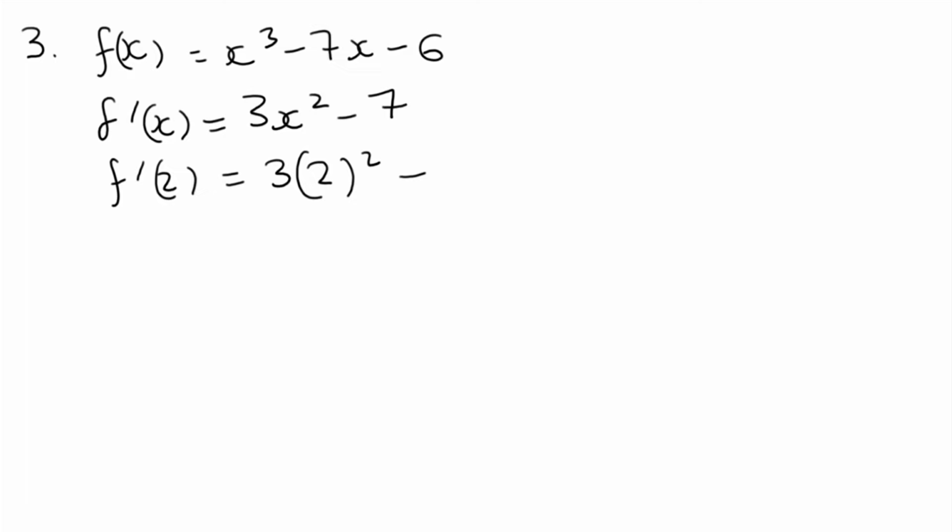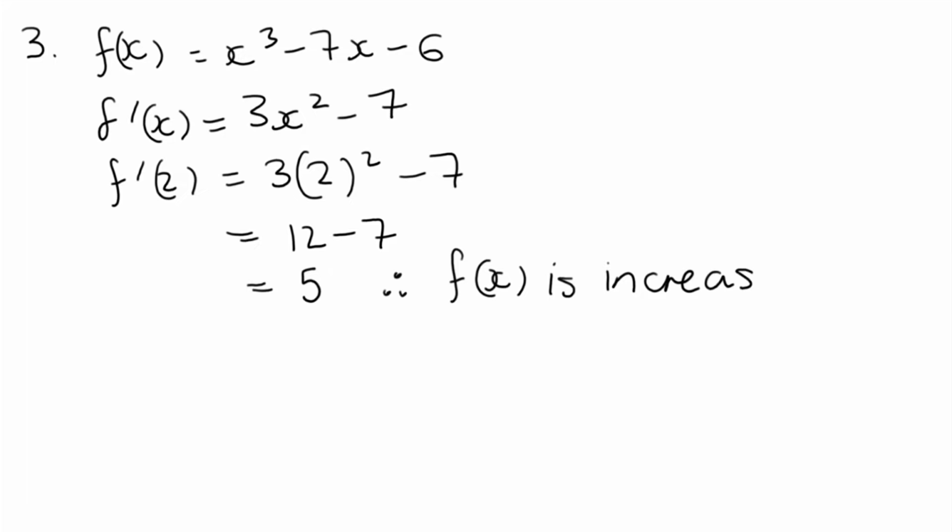So let's find out. 2 squared is 4, 4 threes are 12, take away 7, and we get 5. So therefore, the function is increasing as f dash of 2 is greater than 0.